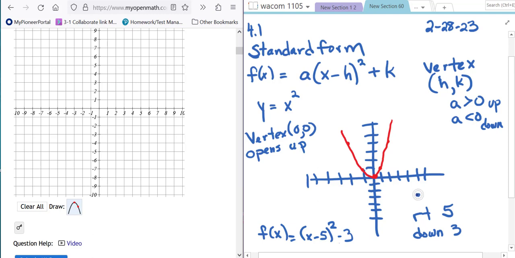I'm going to be right here. And I need to move one other point the same: to the right 5 and down 3.